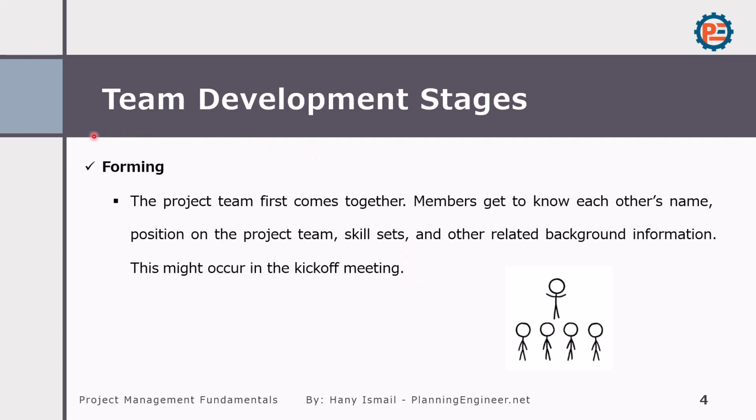You need to understand which stage you are standing in right now. If you are in the forming stage and you have upcoming tasks, you definitely would like to know that, so you are not expecting great support or full support from your team because you don't know them yet.